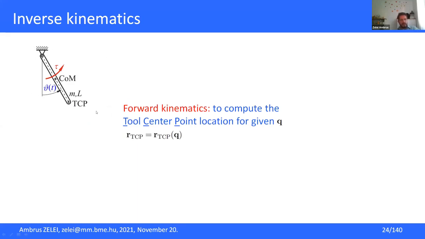So the first thing is the forward kinematics, which means that if I know the joint angles, or if I know my generalized coordinates, like theta of time here, then I am able to calculate the position of the tool center point of the robot.